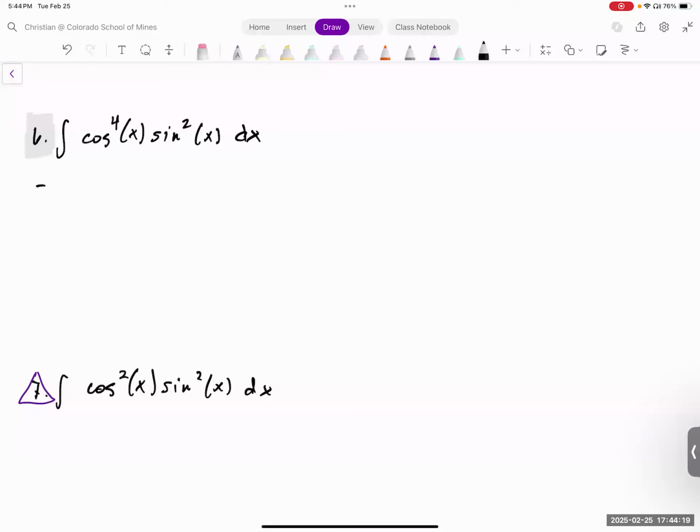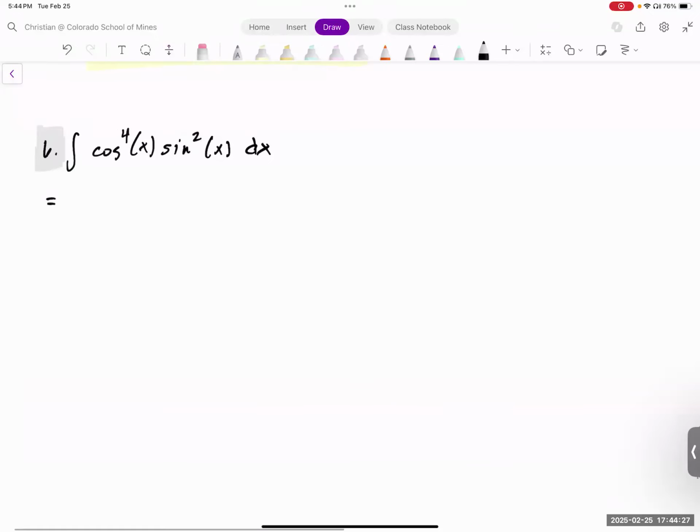This next one's going to be more complicated because the power is higher. We have 4, not like down here where we have 2 and 2. So your first step is to rewrite all functions with their even powers using the half angle formulas. So cosine to the 4 is cosine squared x, squared, and we have a sine squared x.